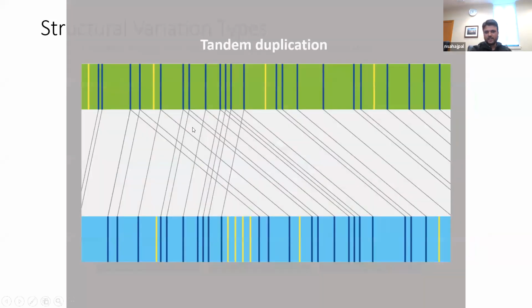When the labels simply repeat themselves, you can check the orientation of these repeats and determine if it's a tandem duplication or an inverted one. In this case, it's a more complicated rearrangement where there's a segment in between, but looking at the molecules, you can see that this is a tandem duplication.